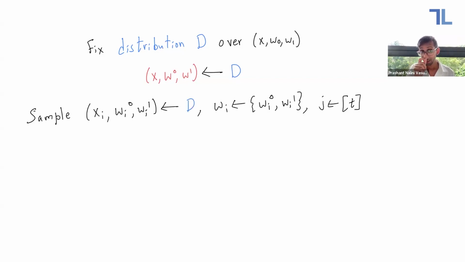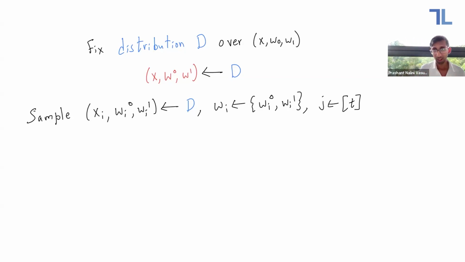And you can sample the xi's and wi's in this way, where you take the same distribution for any i, sample from it, and then set the x to be the xi that comes out of it, and set the wi to be one of the two witnesses that come out of the sample at random. Right? So every time you try to sample from the distribution, it gives you some x, w0, w1.